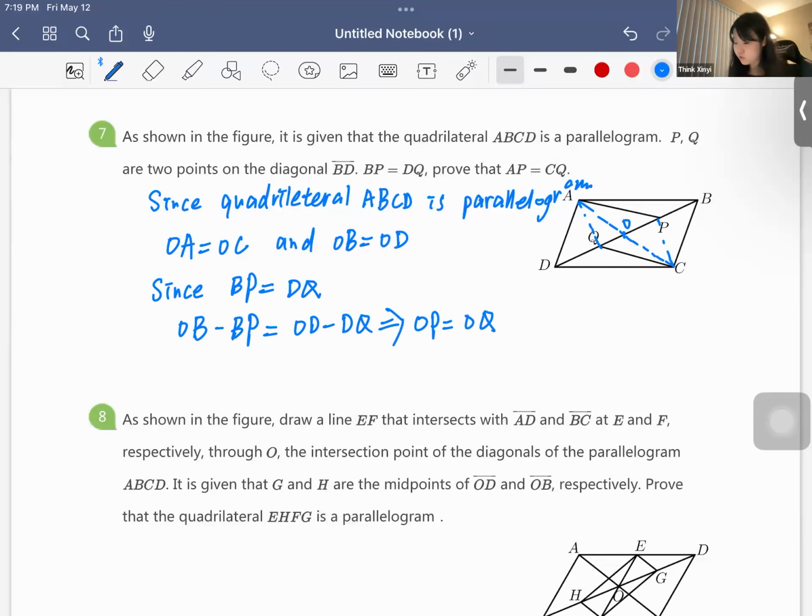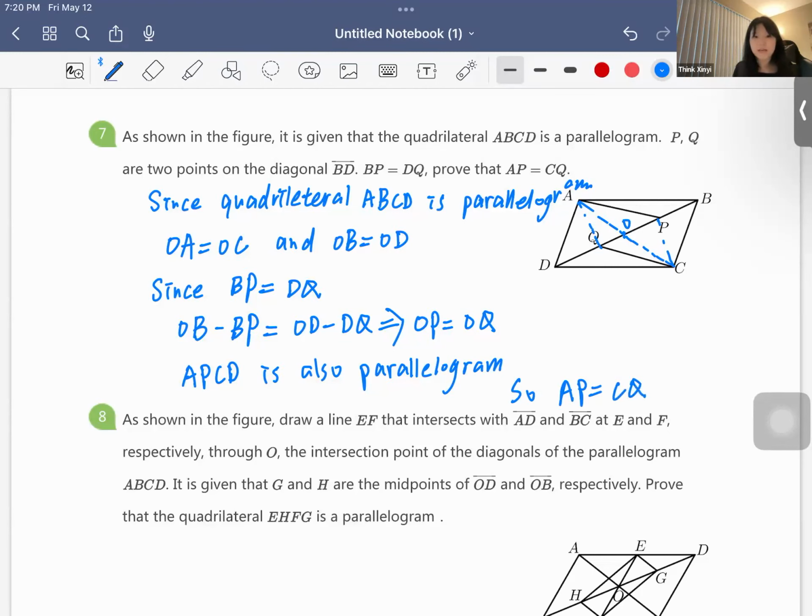And as OP equals OQ and OA equals OC, we can have APCQ is also a parallelogram, okay. And then based on the properties, we can have AP equals CQ, which is the opposite side.